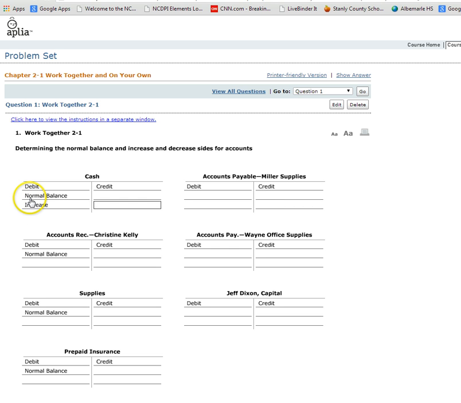I for increase. Okay, asset accounts. Debit side is your balance side, and the balance side is what shows increases. If this side shows increases, then this side is going to show decreases.